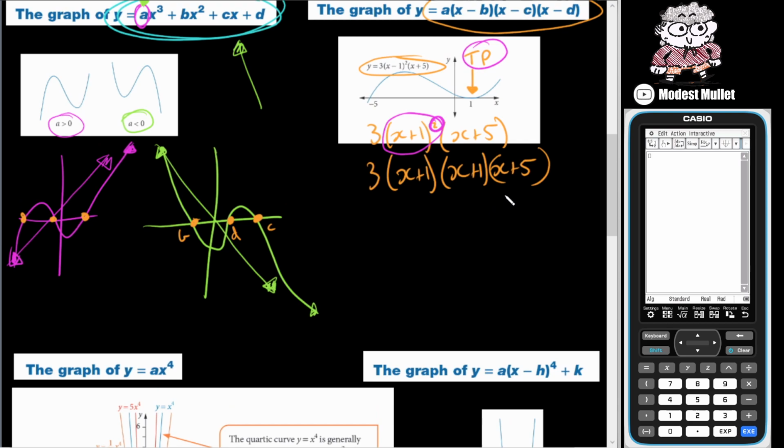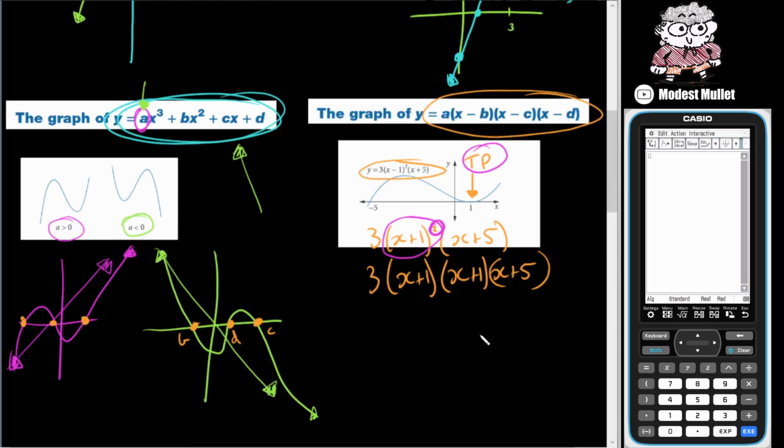So if we do a quick example, let's graph 3x plus 2. Let's do 2 examples, x plus 1, x minus 1. If we're in intercept form, we can see that our intercepts are going to be x equals -2, x equals -1, and x equals 1.